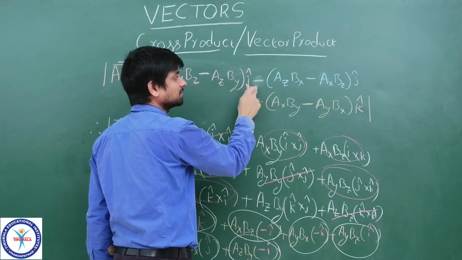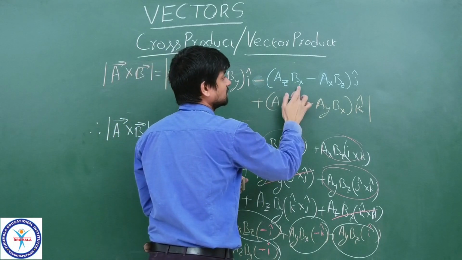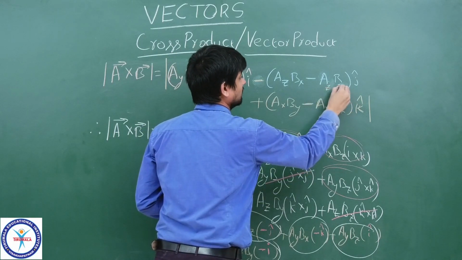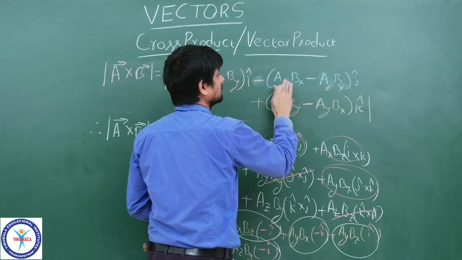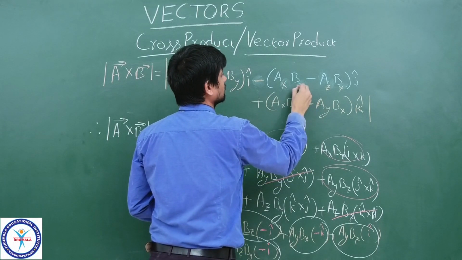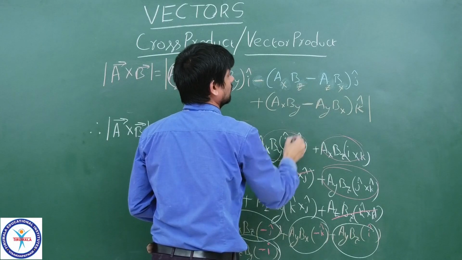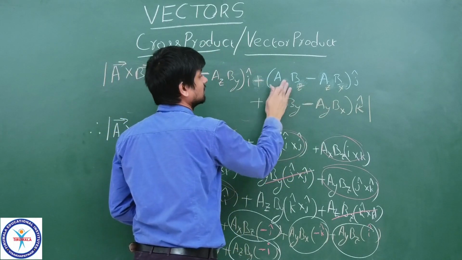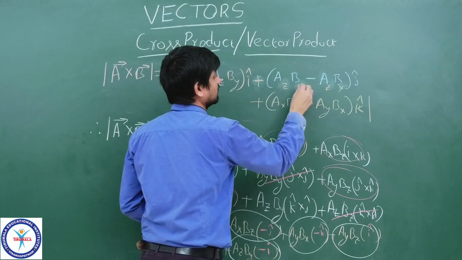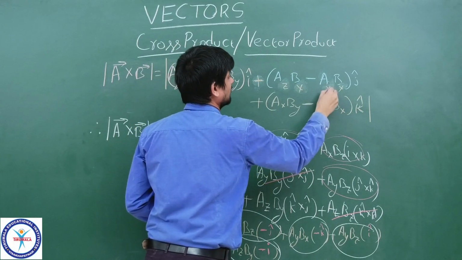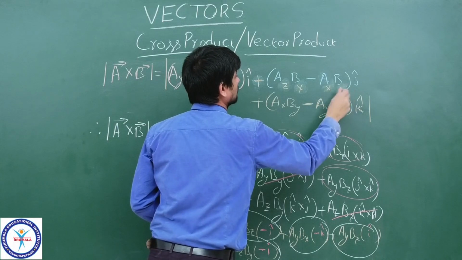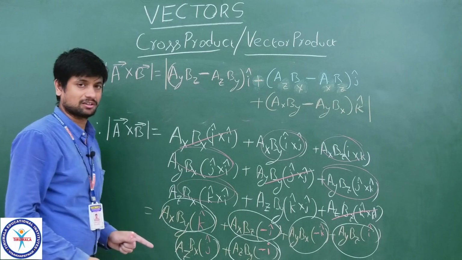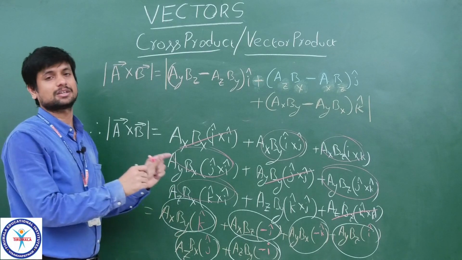If this becomes minus, it means az bx term will come here, and this becomes ax bz. That is why this is minus. If you do not want to keep it like that, keep plus az bx, ax bz. So, in this way you just multiply, the same multiplication.